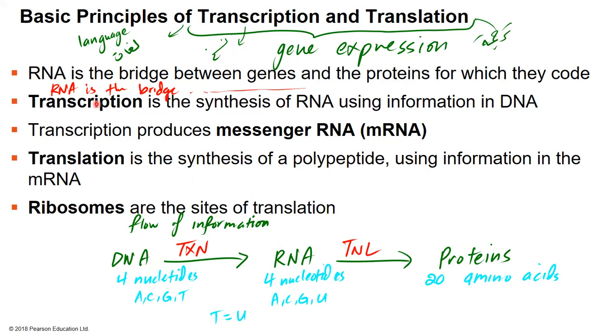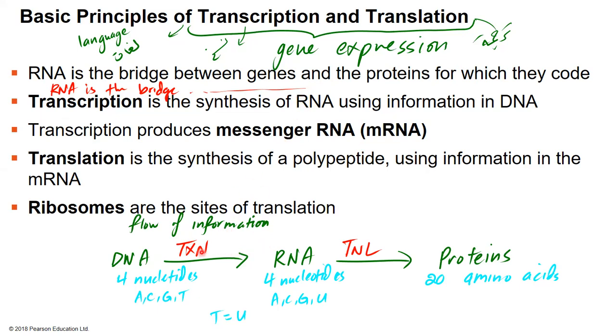This is like when I rewrite this sentence with my hand, this is called transcription. But if I want to convert this sentence in the English language into an Arabic language, this is called translation. Same thing applies to gene expression.